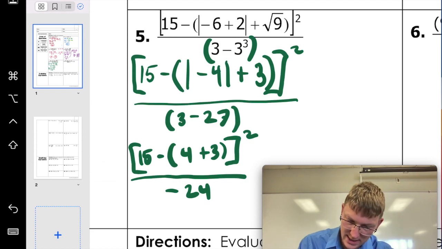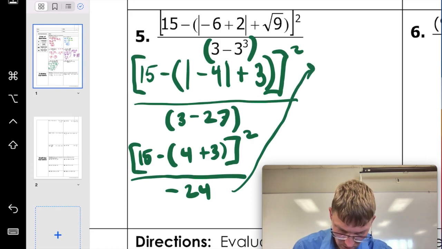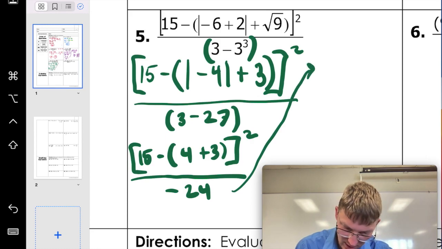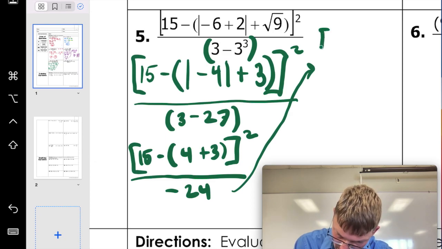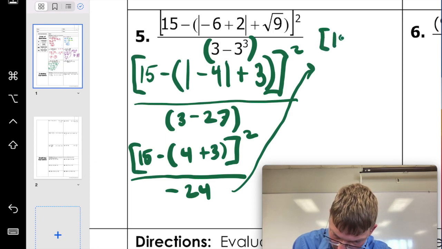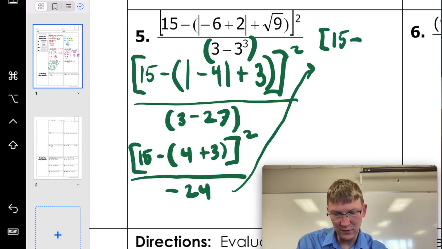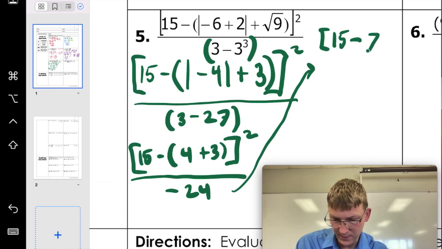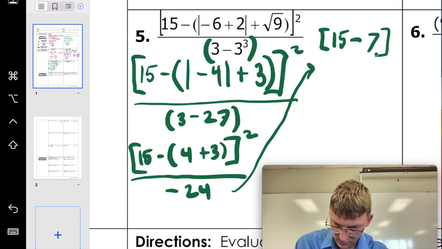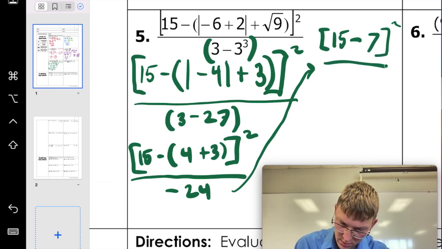Okay, so then our next step, we are coming up here. We've got 4 plus 3 inside of our parentheses. So again, I'll keep my square brackets just so you can see what I'm doing. 4 plus 3 is 7 squared over negative 24.